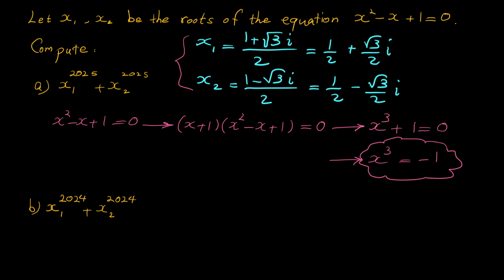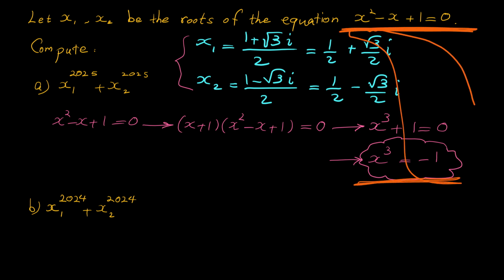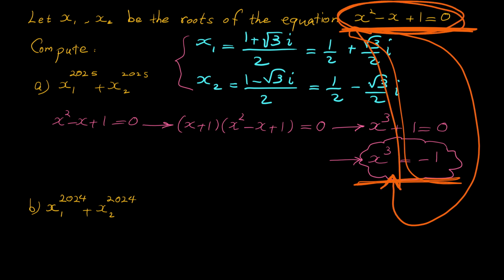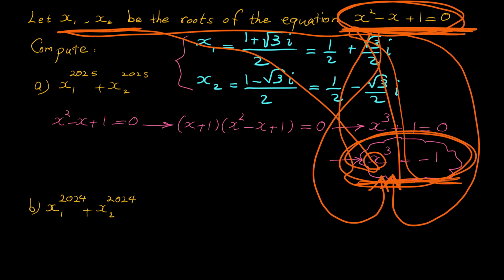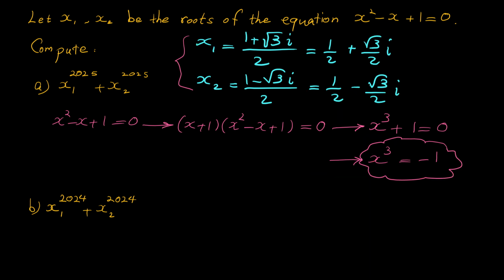Now that we have this relation, we know that the solutions of this equation satisfy this condition. Whatever x is here satisfies this condition. Let me explain this in detail here.